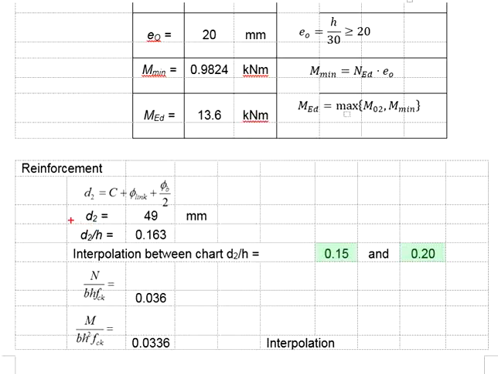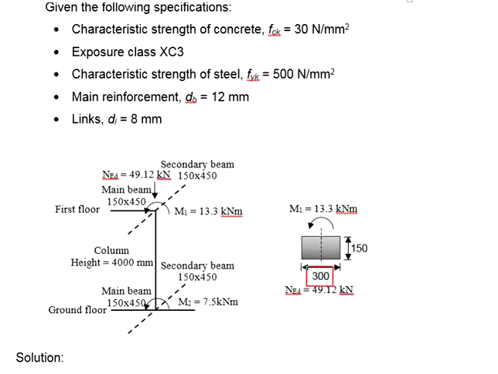Now you need to get the d2 per h. The h here is referring to the direction of the rotation. It is either this 300 or 150, depending on the direction of the rotation. Since the moment is on the major axis, that means we are referring to 300 as the h.